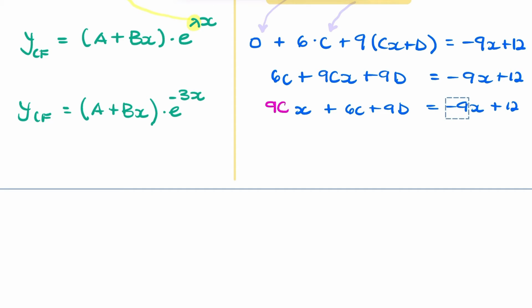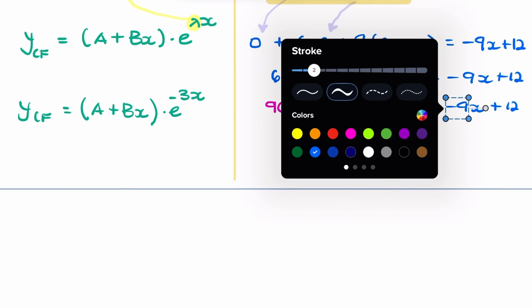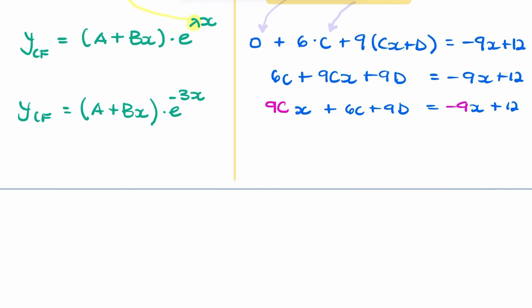And if we look at the coefficients, we can say that 9c has to equal negative 9 because that's the coefficient of x, and there's only one x on both sides of the equation. So 9c is minus 9, so c is negative 1.